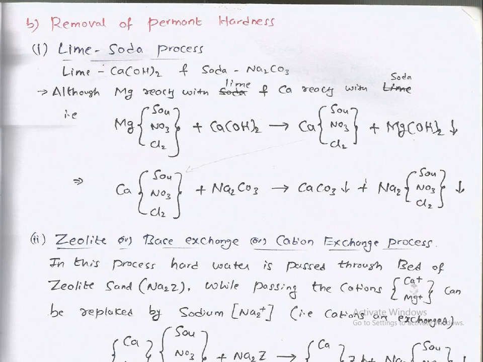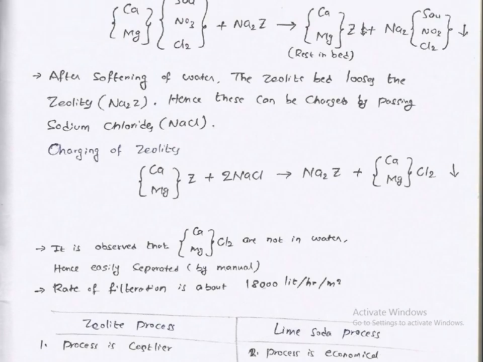Calcium, magnesium sulfate, NO3, Cl2 plus Na2Z gives calcium, magnesium Z, which rests in the bed, plus Na2 sulfate, nitrate, chloride.